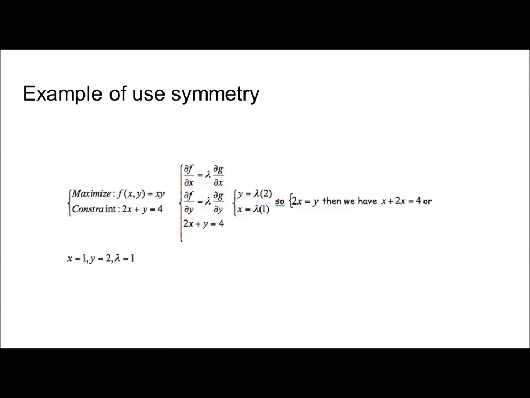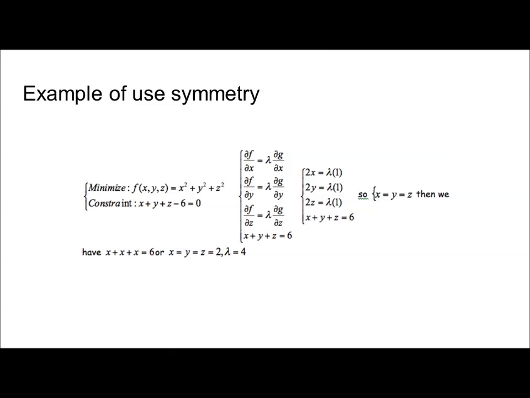Now, let's attempt another example. Minimize x squared plus y squared plus z squared, subject to the constraint x plus y plus z minus 6 equals 0. The steps are the same as in the last example. We need to find the partial derivatives of f and g with respect to x, y, and z.